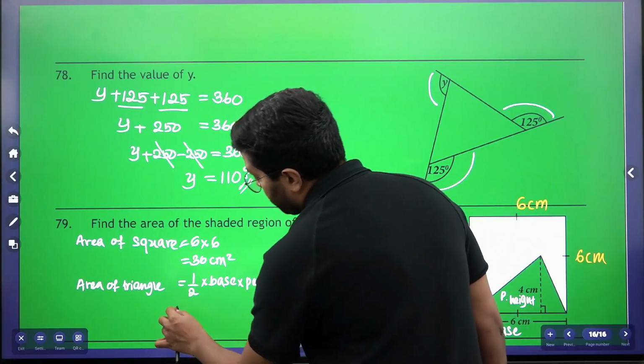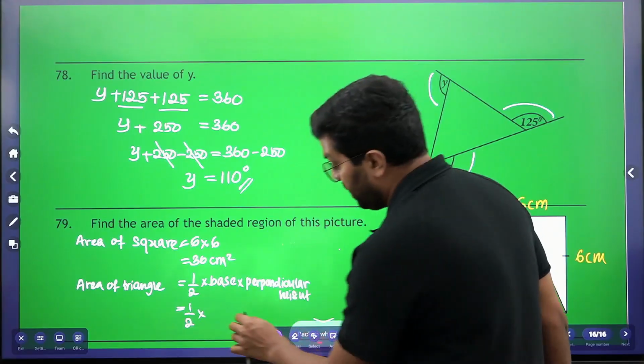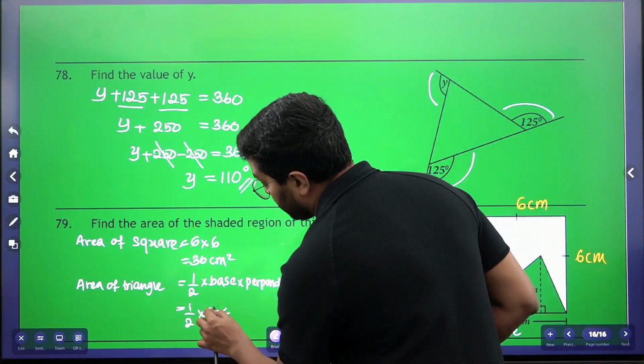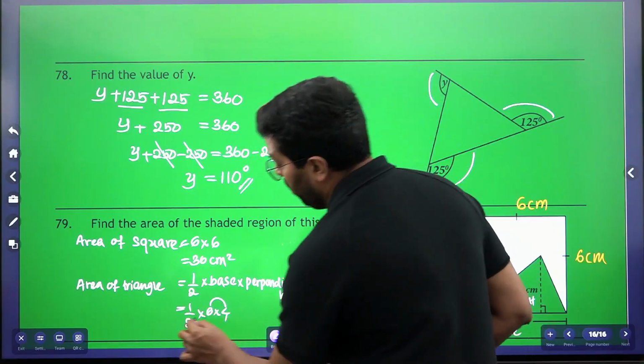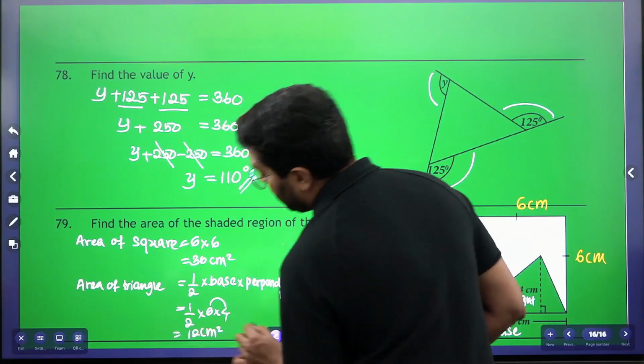So half times the base, 6 centimeters, times the perpendicular height, 4 centimeters. 6 times 4 is 24. 24 divided by 2 is 12 square centimeters.